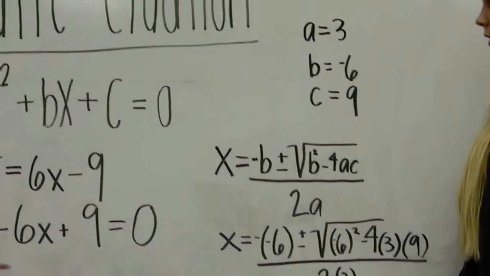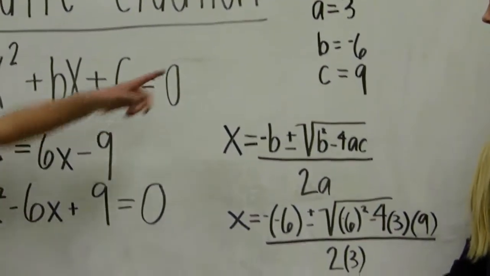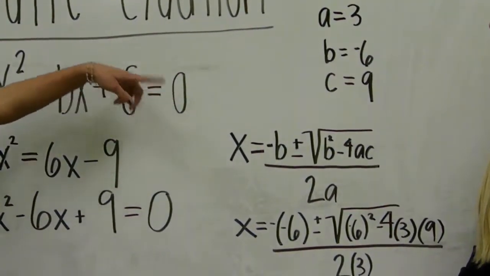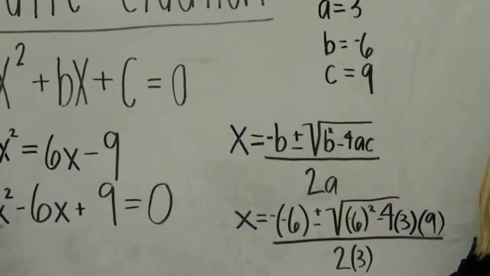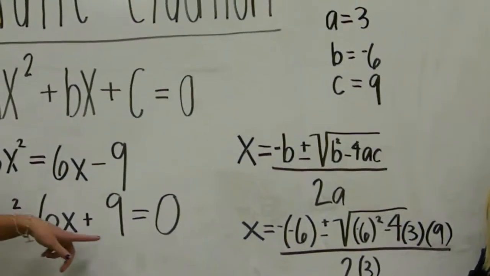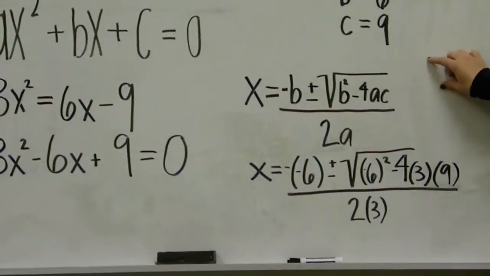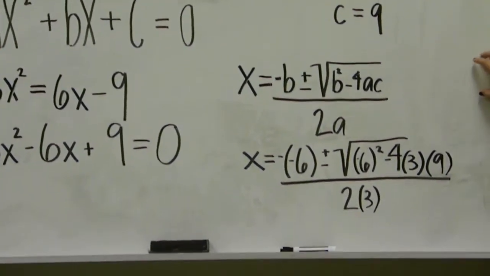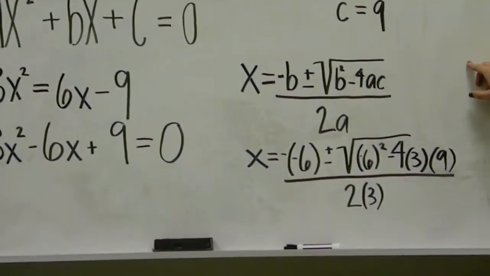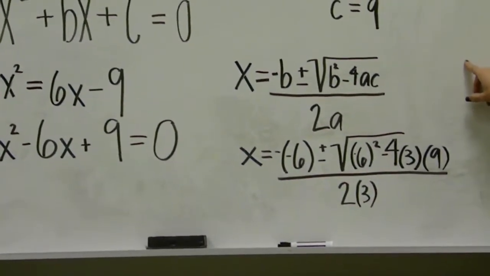When you have it in standard form like this, you can get what A, B, and C equal. A equals 3, B is -6, and C is 9. Then the quadratic formula is x equals negative b plus or minus the square root of b squared minus 4ac, over 2a.